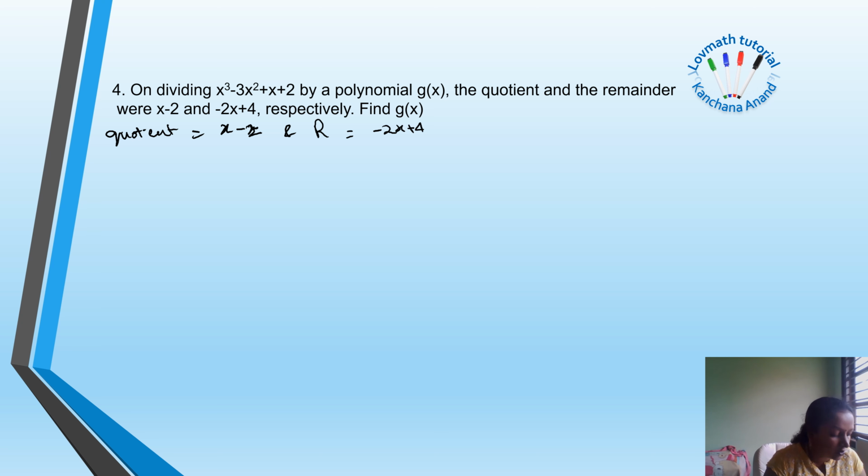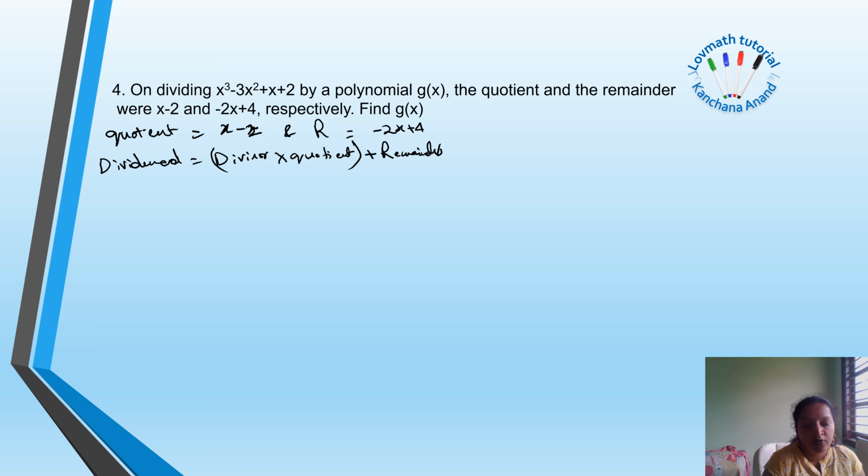By using the formula, dividend is equal to divisor into quotient plus remainder, we can easily find g(x).